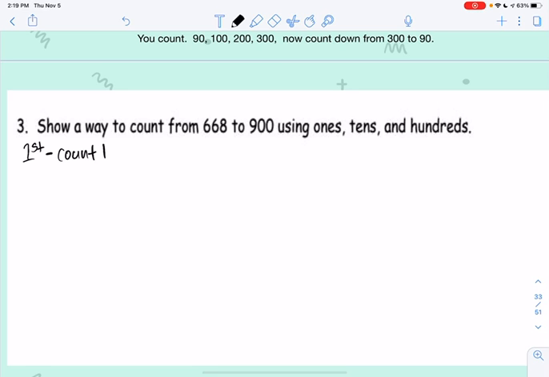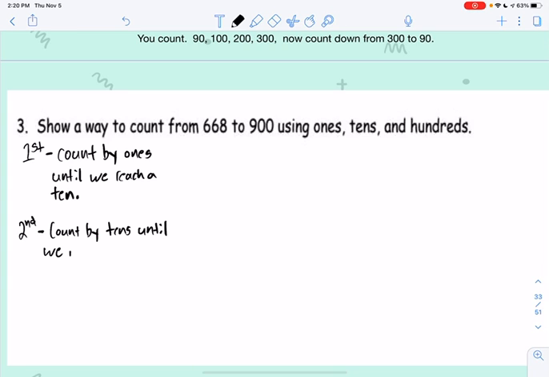So our first condition is going to be count by ones until we reach a 10. Our second condition is going to be count by tens until we reach a 100.